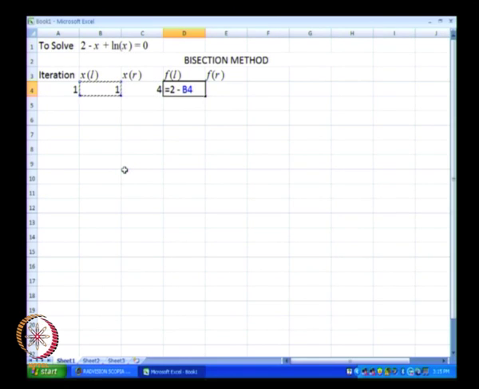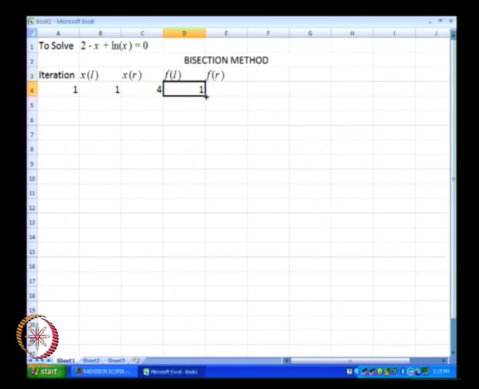Xl is in this particular column, so 2 minus xl plus ln of xl. So what we have over here is 2 minus B4. B4 is this particular cell, which is nothing but xl, plus log of B4, which means log again of xl. Okay, we press enter and this is the value of f of l that is being computed.